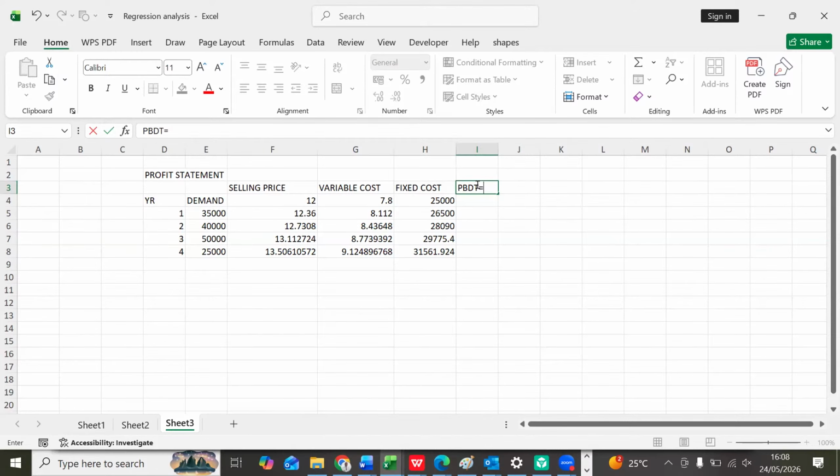I take open brackets, selling price minus variable cost. You close, you say times quantity, which is our X. You say minus fixed costs. I'm so sure these are formulas everybody knows.